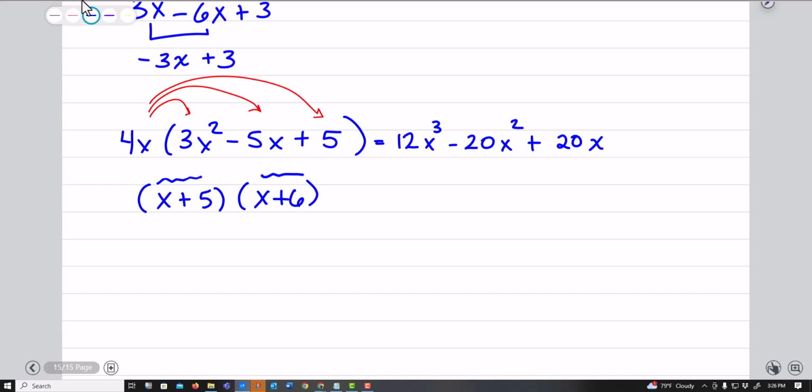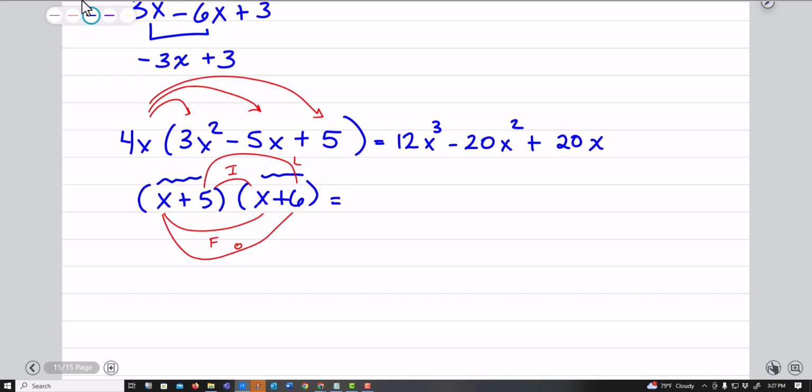With binomials, they use what's called FOIL, which says multiply the first terms, then multiply the outside terms, multiply the inner terms, and then multiply the last terms, hence where they get FOIL.